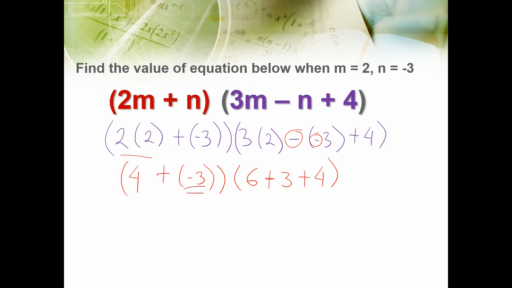So you just have, yes, 1 candy left. And then 6 plus 3 equals 9. 9 plus 4 equals 13. Okay, good. So 1 times 13.